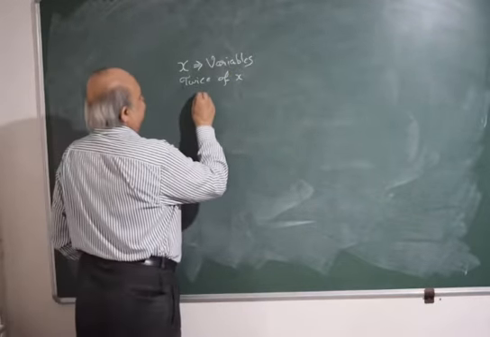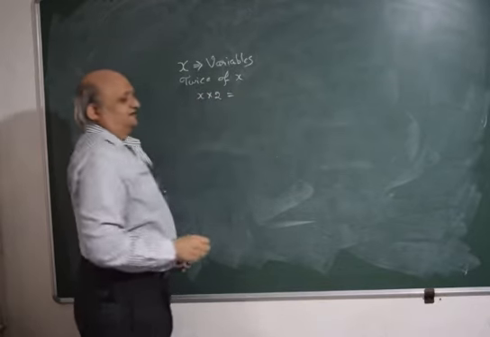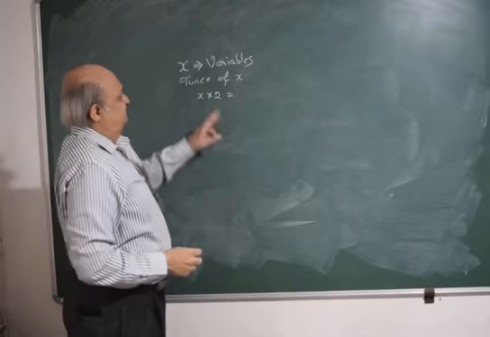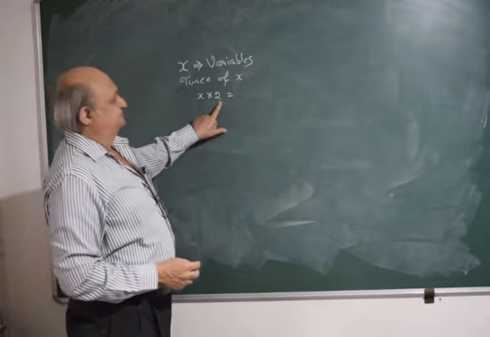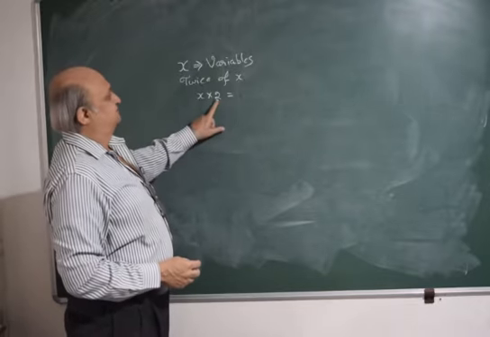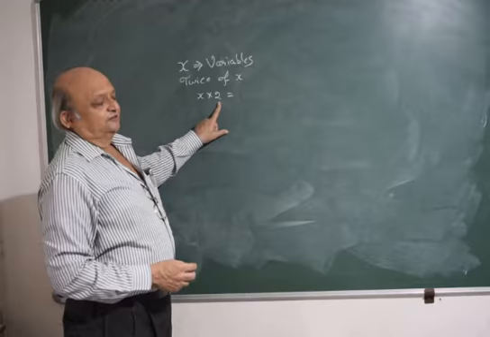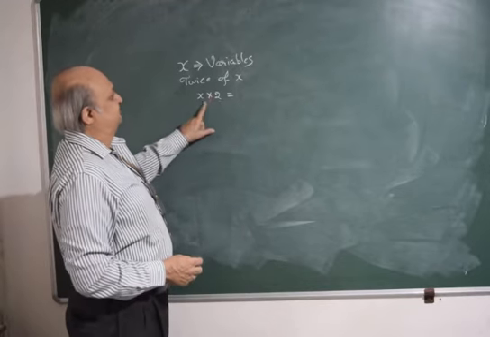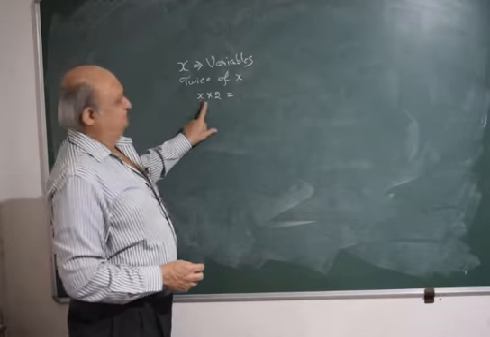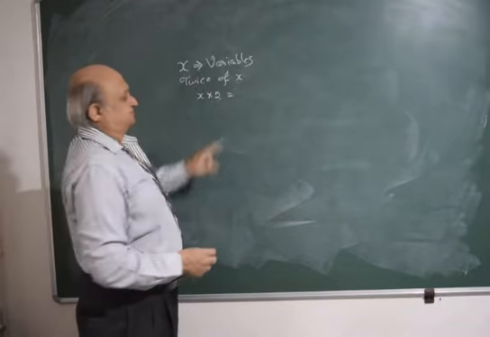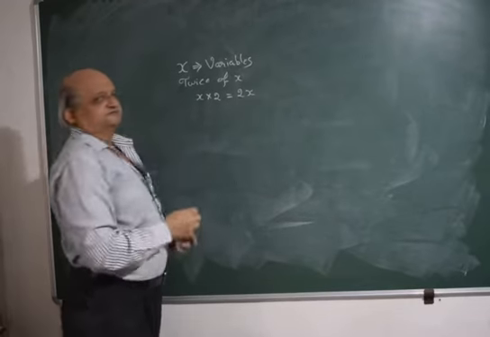Simple, we multiply x with 2, and it is generally said that this 2 cannot have different values. The value of this 2 is always 2, and therefore this is called the constant. And the law says that whenever you have such a mixed number containing a constant and a variable, the constant should be written first, and therefore we write it as 2x.